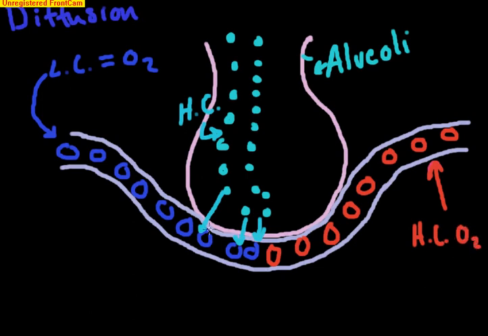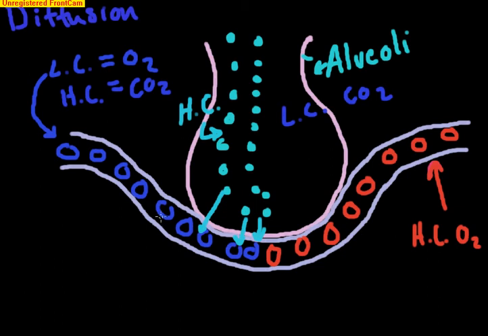All right. So lastly, too, these blue blood cells over here, they're also bringing back a high concentration of carbon dioxide. And obviously that's a waste from cellular respiration, and we need to get that out. Well, obviously here in the alveoli sac, there is a low concentration of CO2 because it's filled with air.